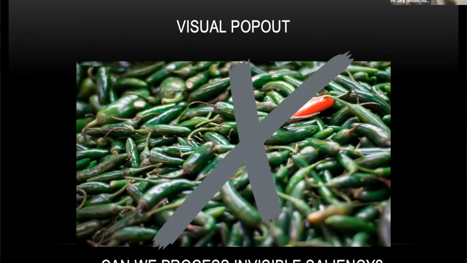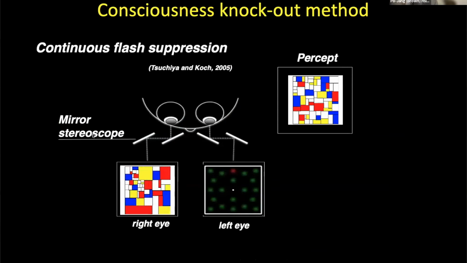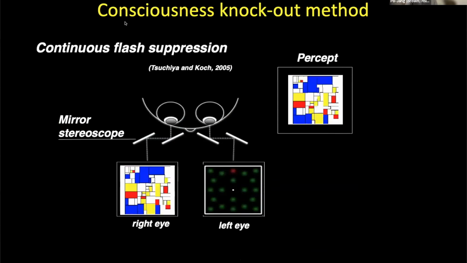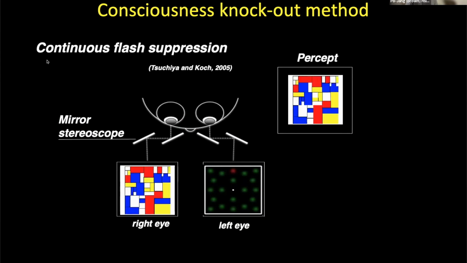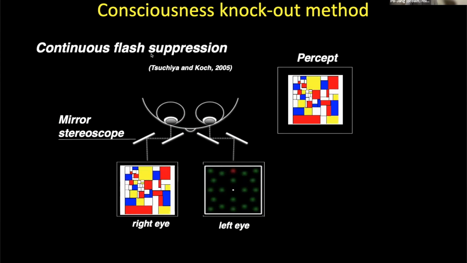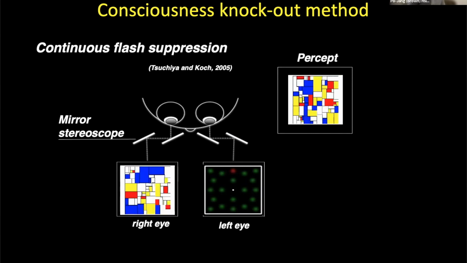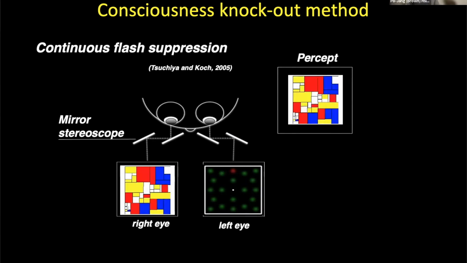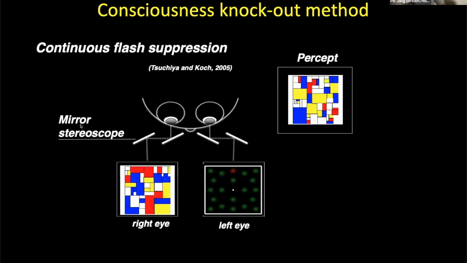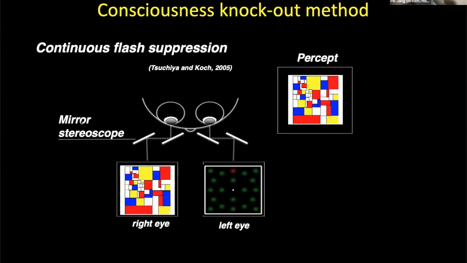Now you must be wondering, how are we going to knock out your consciousness about this stimulus? Here's how we do this. We're using the consciousness knockout paradigm called continuous flat suppression. This is a paradigm developed by Untitled Chapter and Christoph Koch around 2005.